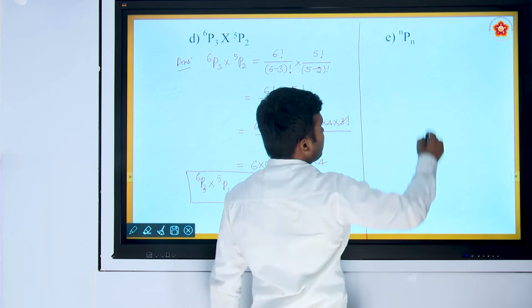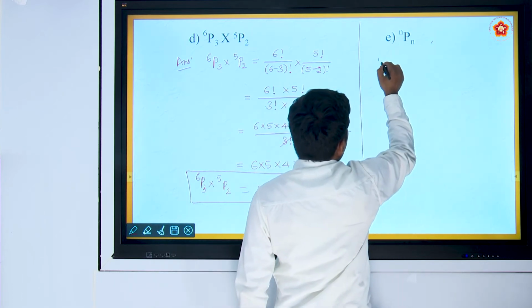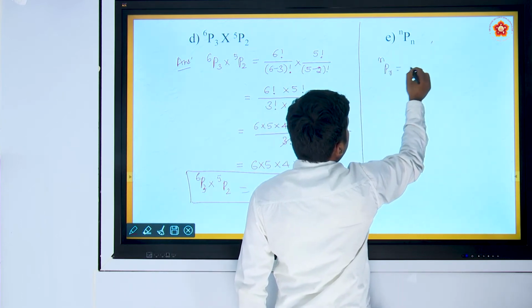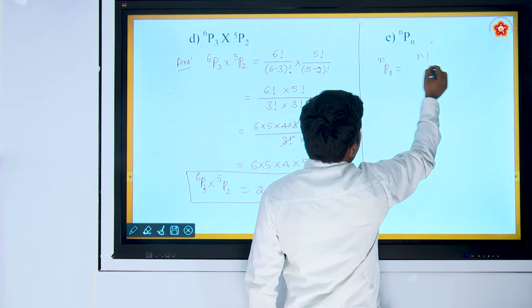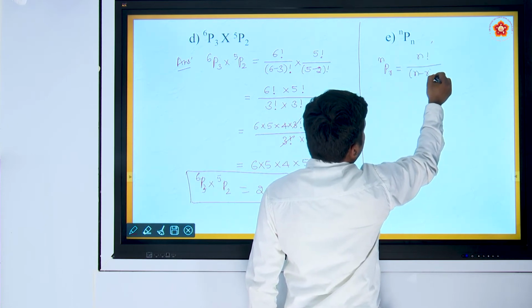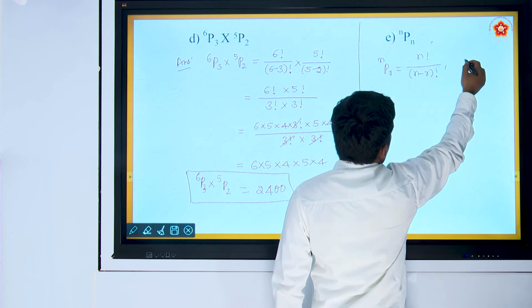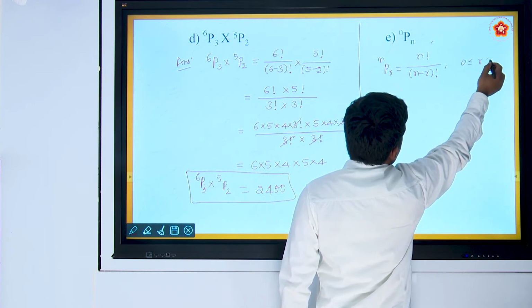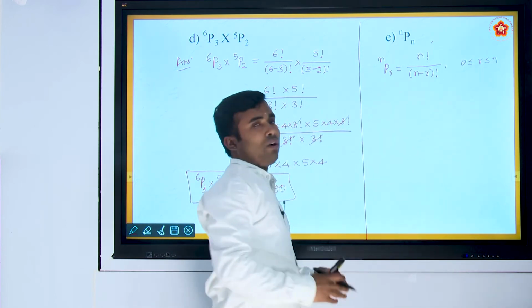Next, nPn. As we know, the formula of nPr is equal to n factorial divided by (n minus r) factorial, where r is between 0 and n. And here now r is equal to n.